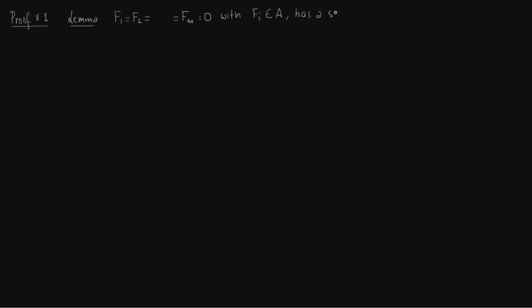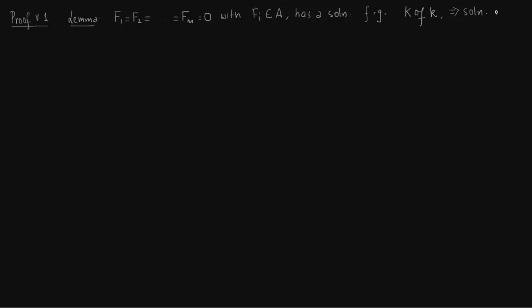If the system of equations has a solution in some finitely generated extension field K of the small k, where the small k is algebraically closed and K is a finitely generated extension field, then we have a solution in this smaller field k.